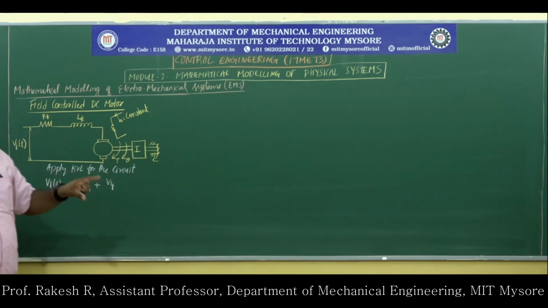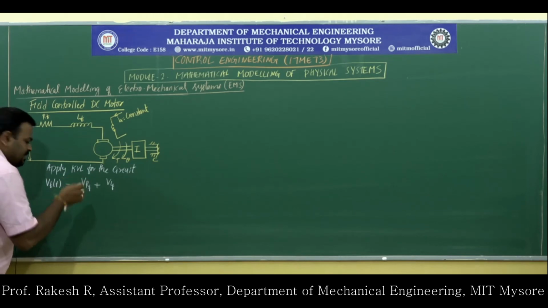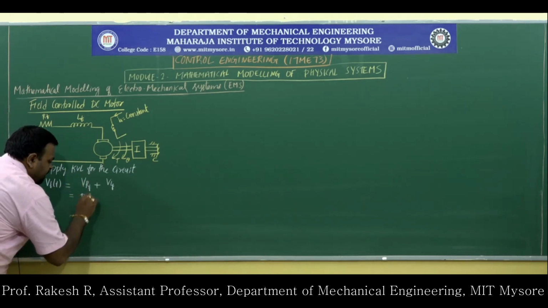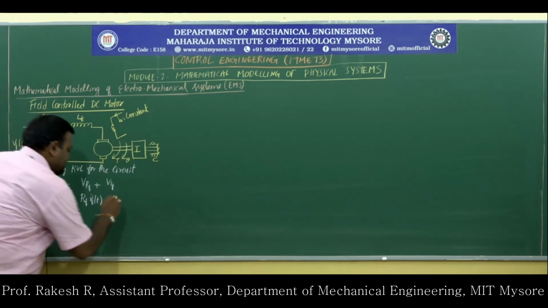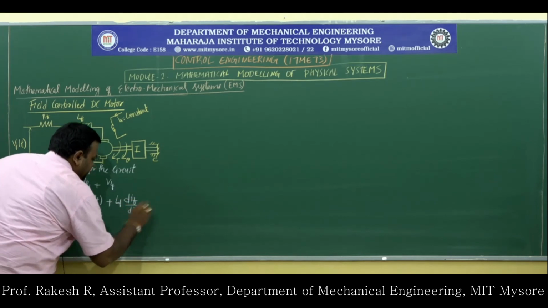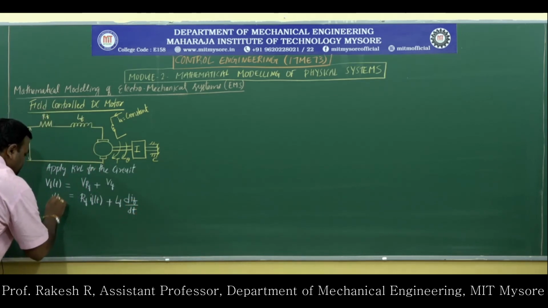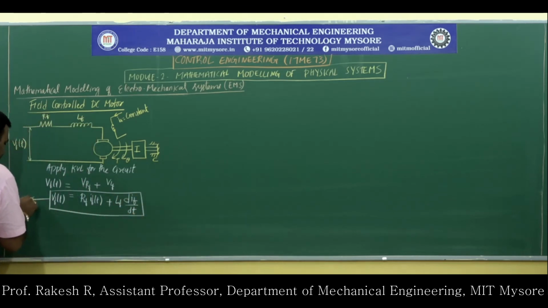There is no back EMF here, be careful. What is the voltage across resistance? It is simply RF into IF of t. Voltage across inductance is LF into dIF by dt. So this is the field supply voltage. This I will call equation number 1.